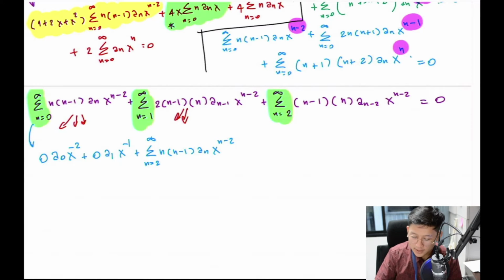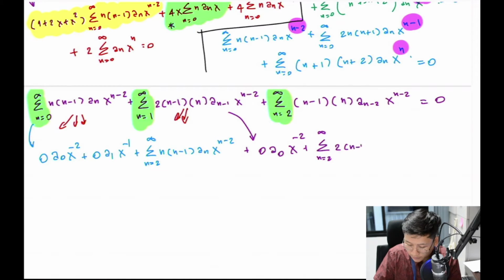And the next term, when n is 1, it's going to be 0, right? 1 minus 1 here makes this term 0. So it's going to be 0 a0 x to the minus 2, plus summation n from 2 to infinity, 2 n minus 1 a n minus 1 x to the n minus 2.